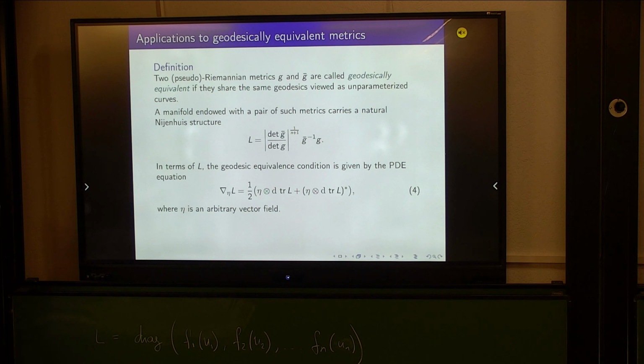So this is a very simple equation which involves L, and nabla is the Levi-Civita connection of the metric G. And it appears that if you want to study geodesically equivalent metrics, G and G bar, it is much better for many reasons to study the pair G and L. So G bar can be reconstructed from L immediately. This equation is, you see, linear in L.